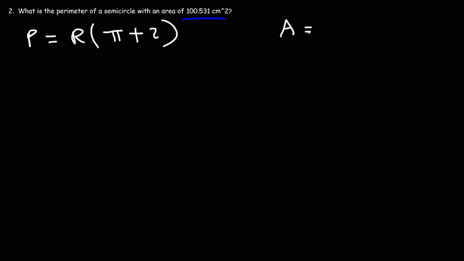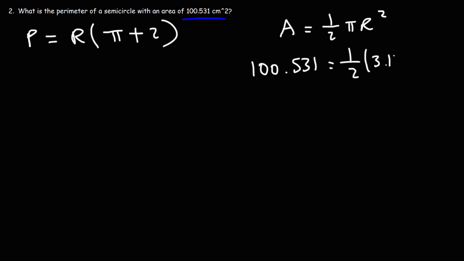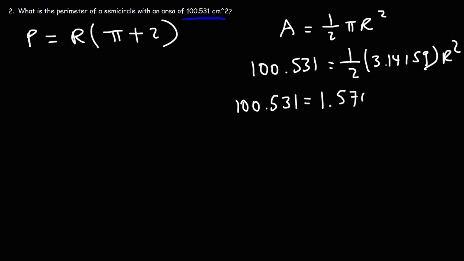The area of a semicircle is 1/2 pi r squared. So we have an area of 100.531. Pi is 3.14159, and then we can calculate r. So first, let's multiply 3.14159 by 0.5. So that's 1.570795.